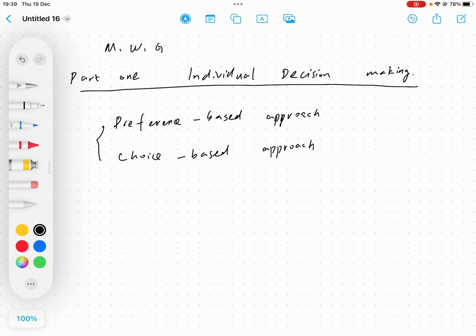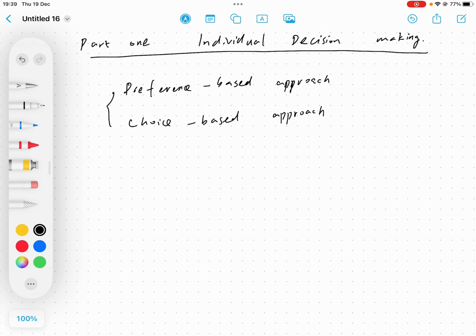So when we're talking about the choices or the preferences, right? So we need to have some set. Mathematically, we need to have some set to contain all those kind of alternatives that are available for us to choose or to prefer, right? So we'll have this called the set of alternatives.